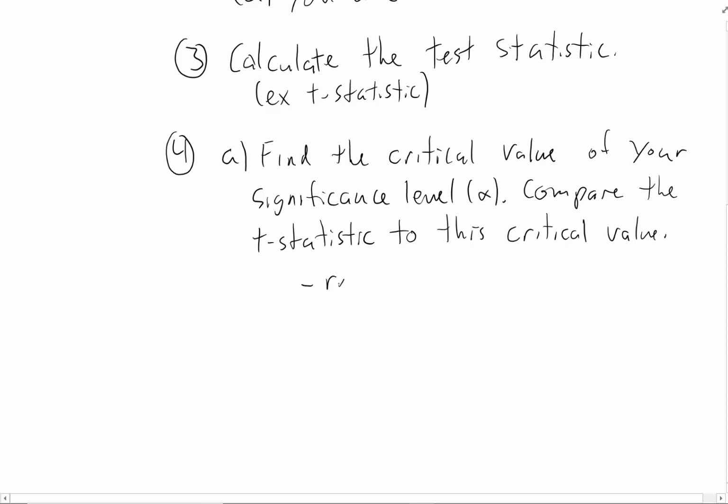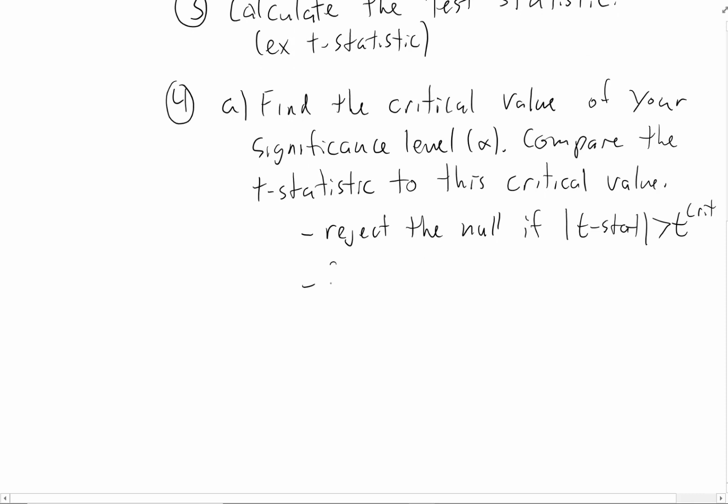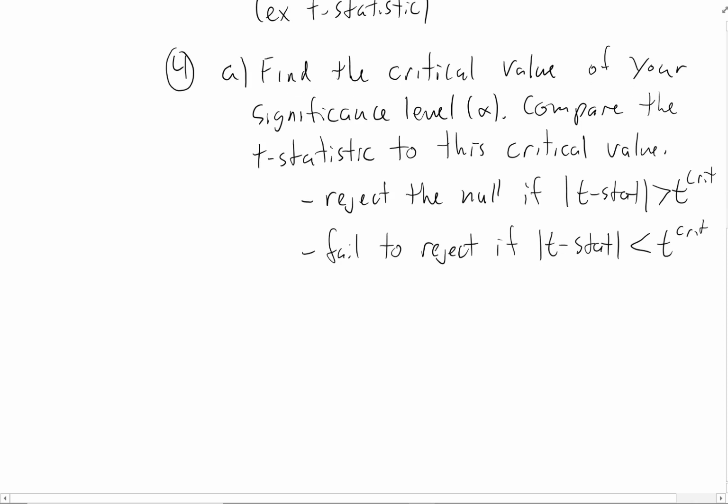We're going to reject the null if the absolute value of your t-stat is greater than the critical value, and we're going to fail to reject if the opposite is true, as in less than t-crit. So that's one way of coming up with a conclusion about our test.